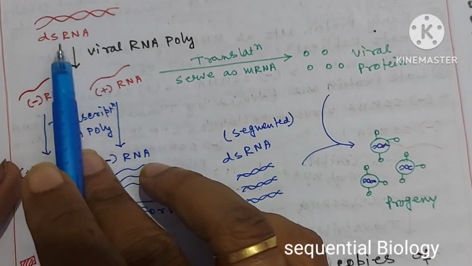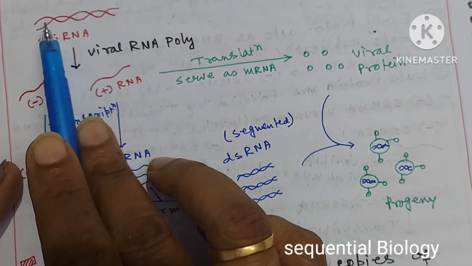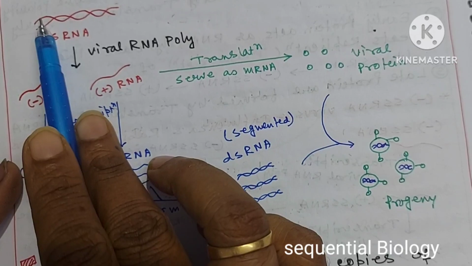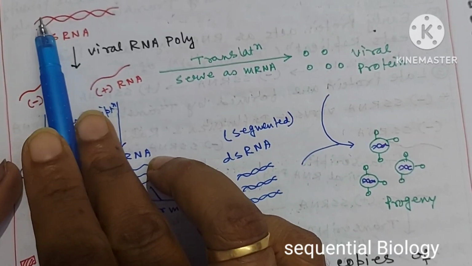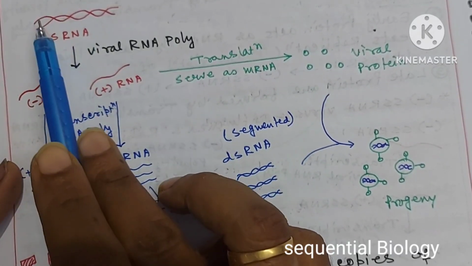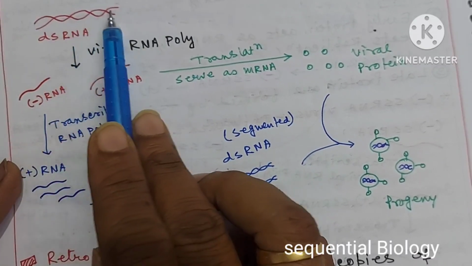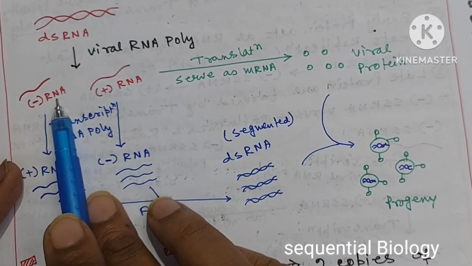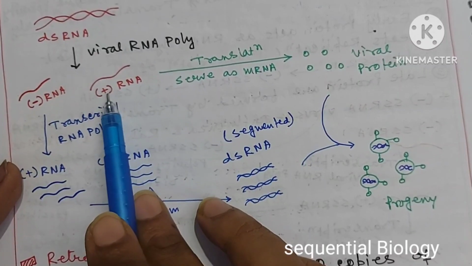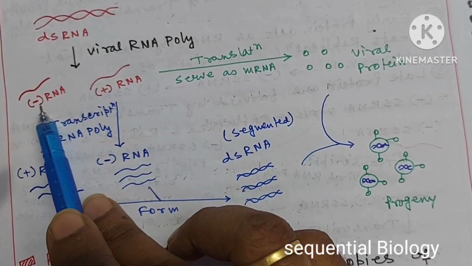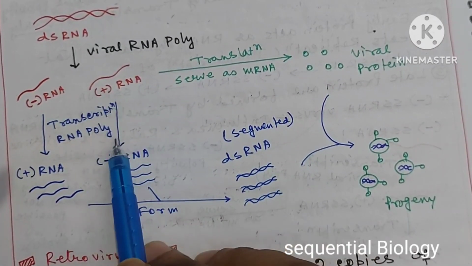Remember, since they are double-stranded RNA, the two strands are complementary with each other. So one strand forms the minus ssRNA, and the other strand forms the plus ssRNA. Then this minus RNA and plus RNA undergo transcription.